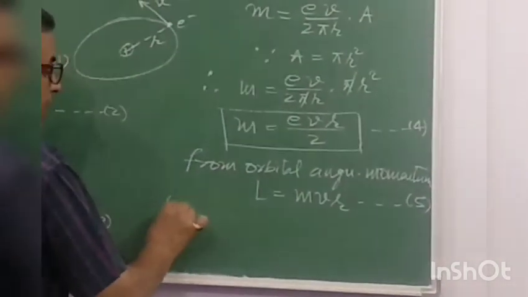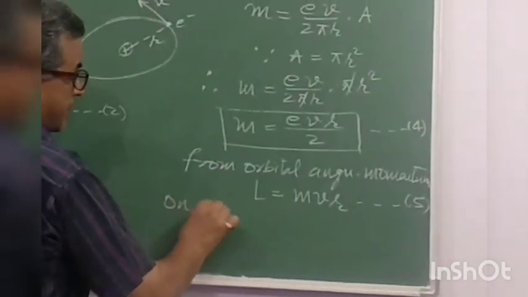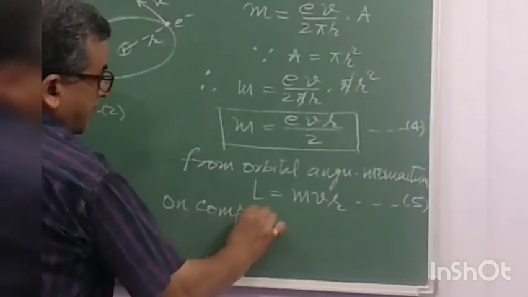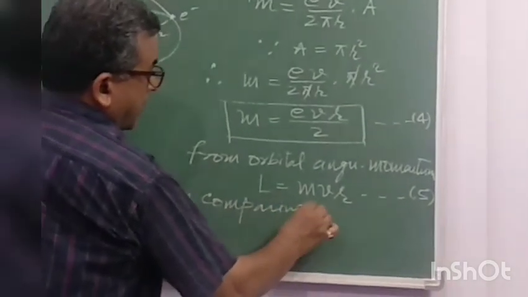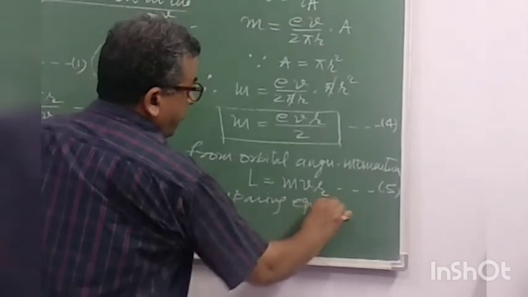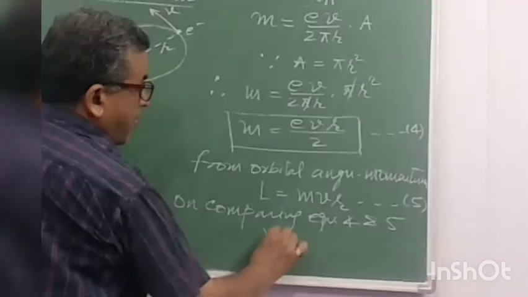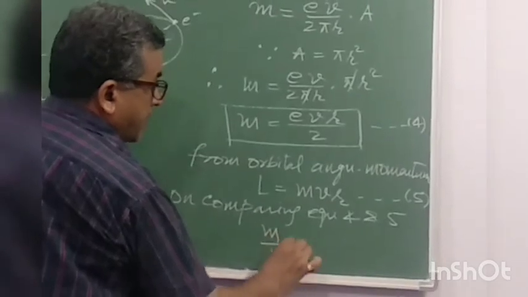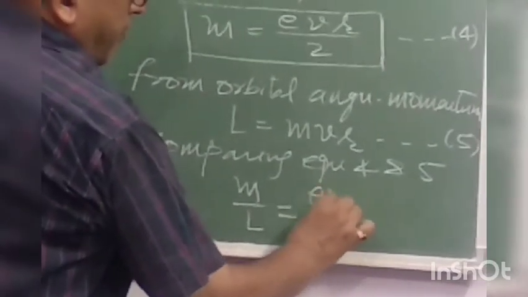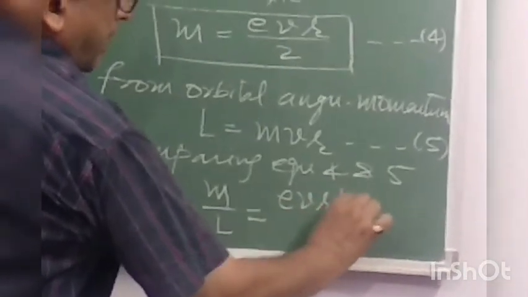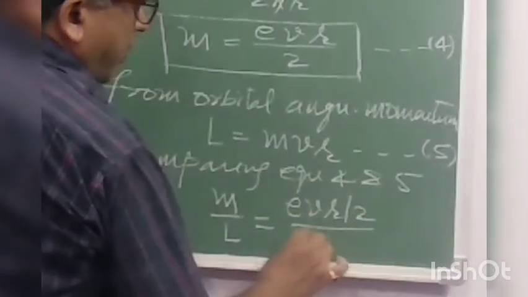On comparing equation 4 and 5, this M upon L is equal to evr by 2 upon mvr.